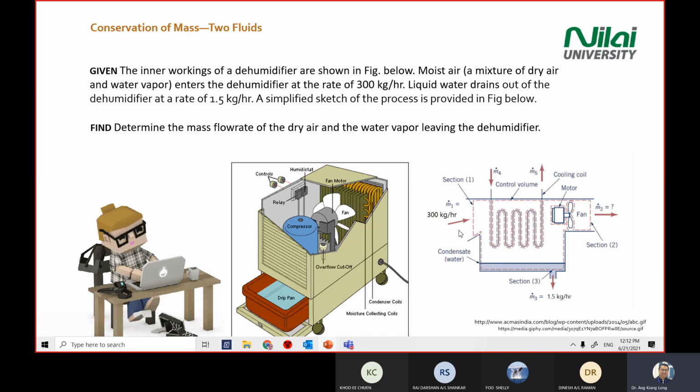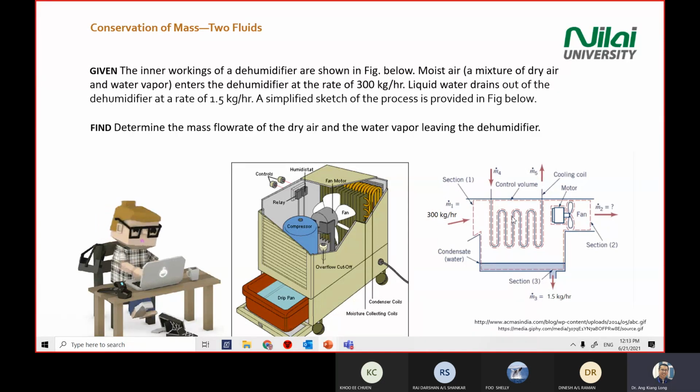So you need to focus on how the air moves: section 1 going in, section 2 going out, section 3 going out. Now the question asks us to determine the mass flow rate of the dry air. The humid air comes in from the left, and when it comes out, M2 is dry air and M3 is water.